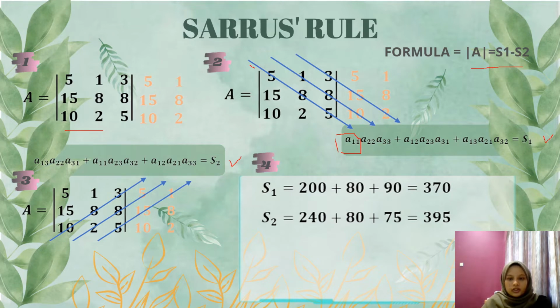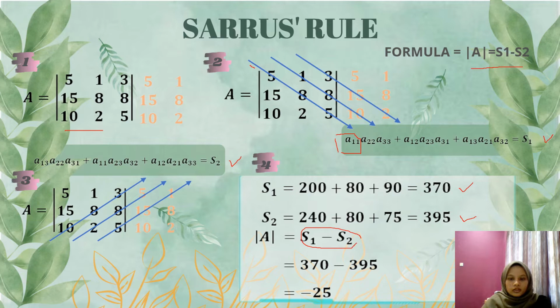So we get S1 which is 370, S2 395. This is the formula to get the determinant of A: 370 minus 395, and we get the determinant of A is negative 25.